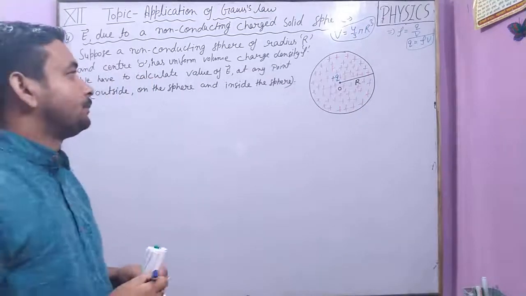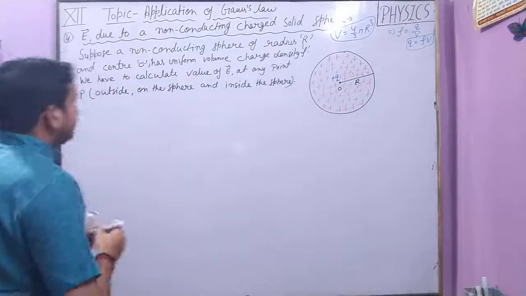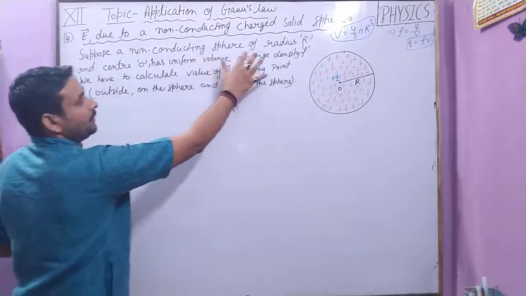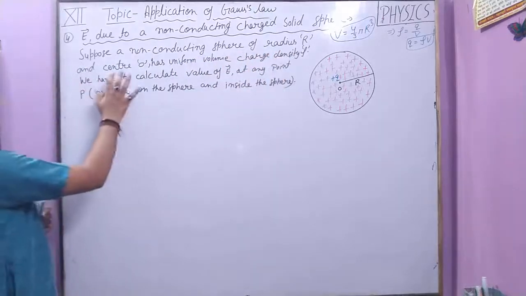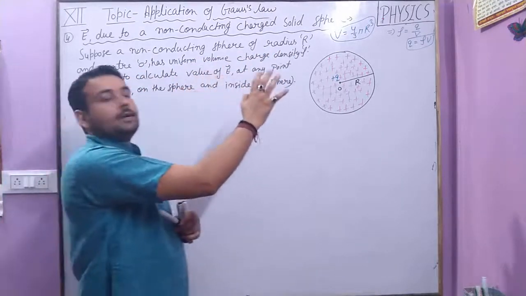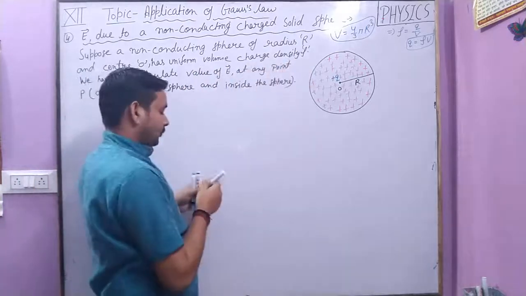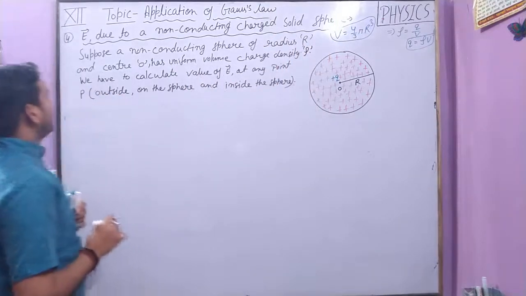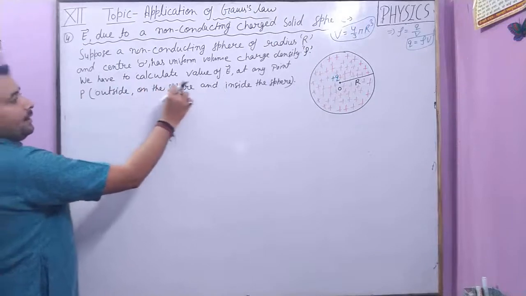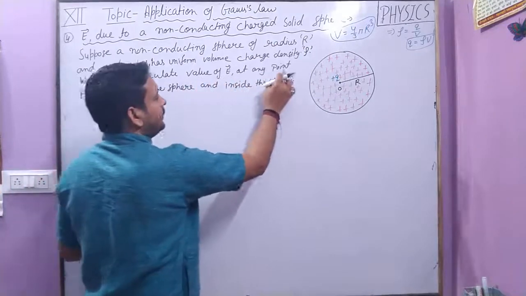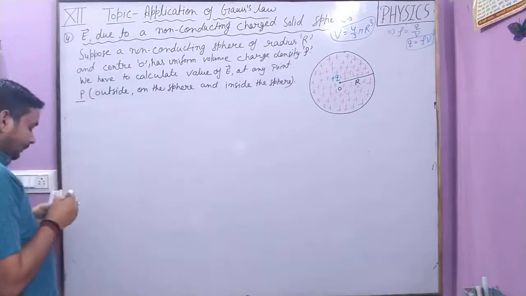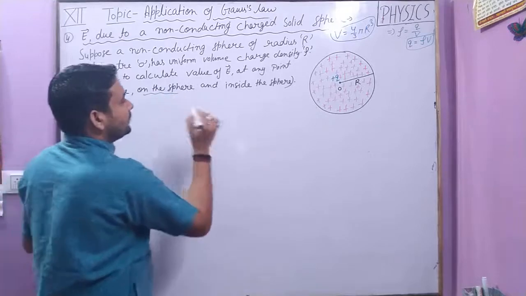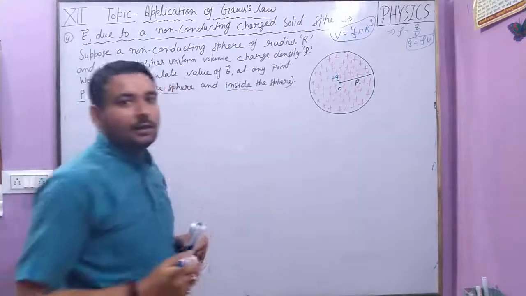Clear? Now, consider a non-conducting sphere of radius r and center O with uniform volume charge density rho. Okay? Now, we have to calculate the value of electric field at any point P outside the sphere, on the sphere, and third inside the sphere.